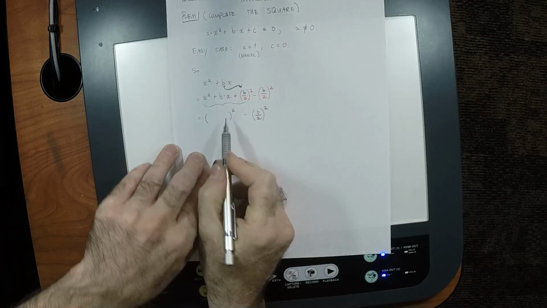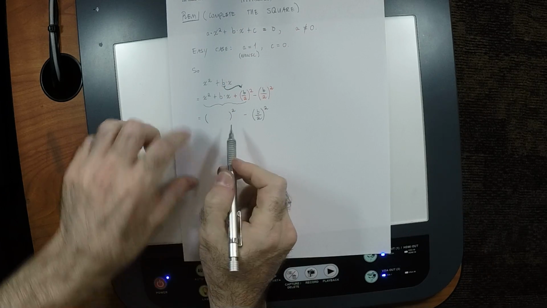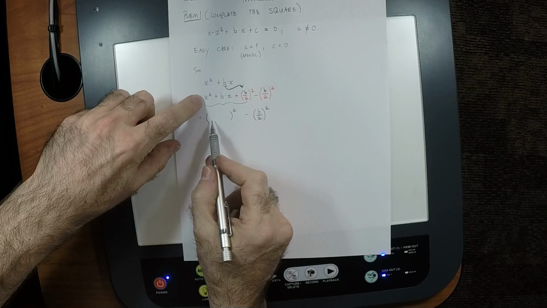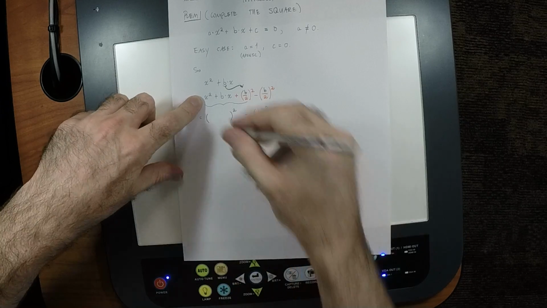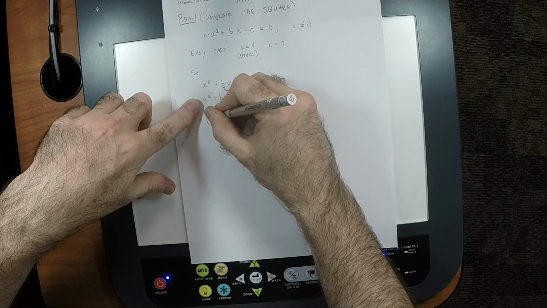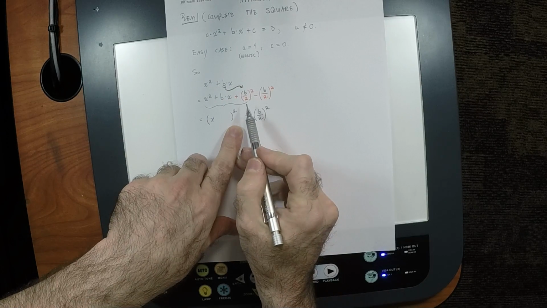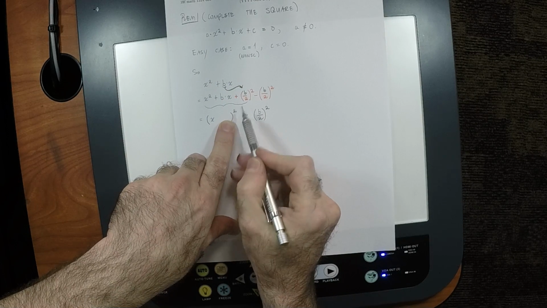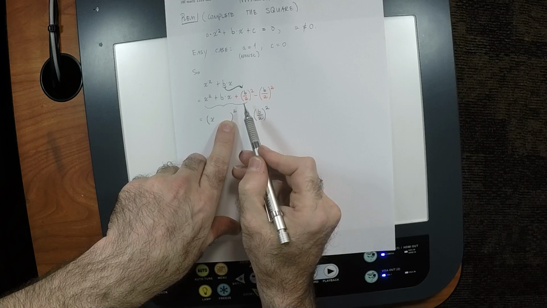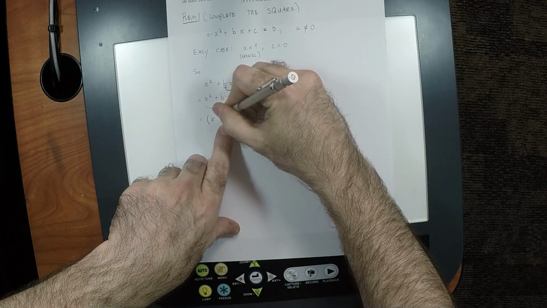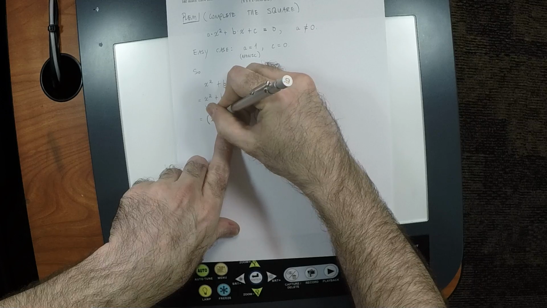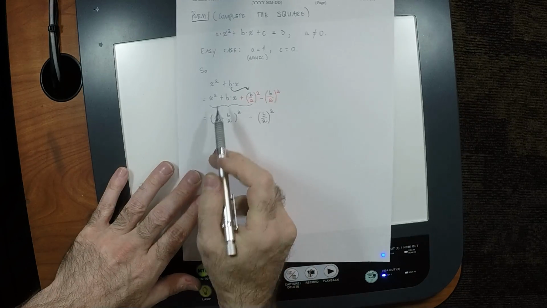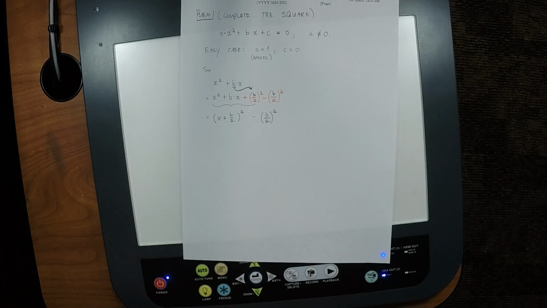So what do I need to write in there? Because of the x squared, what needs to go here? X. And because of the b over 2 squared, what needs to go right there? B over 2. And then it has to be plus because of that plus. And you can FOIL that out and check.